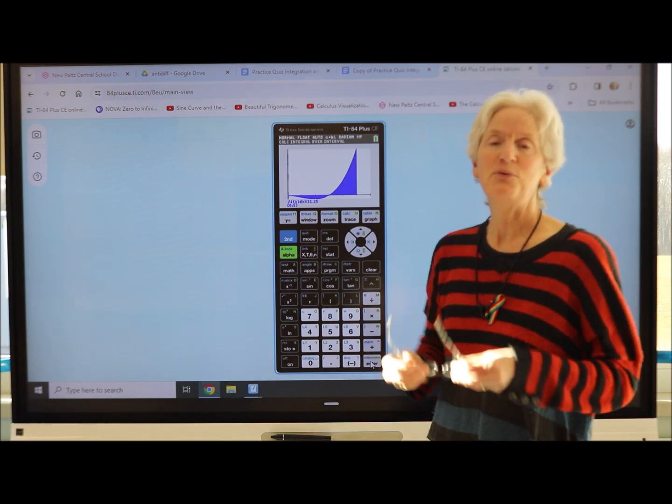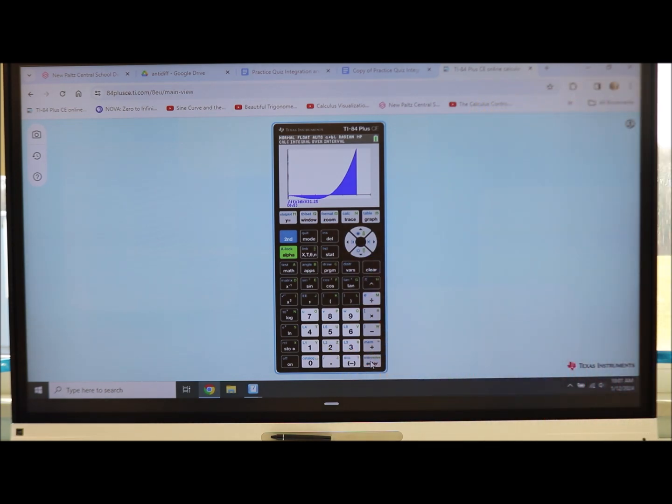Let's see what happens when I put an absolute value around this velocity function. I'm just going to go to my catalog. Second 0 is one place to get your absolute value. Again, I'm going to type in my velocity function. All right, so now my velocity function is all in an absolute value. And as predicted, look, sure, it reflected all of that area that was in negative land to positive land.